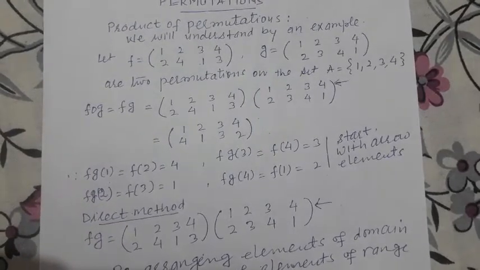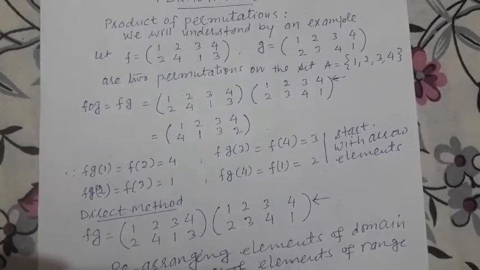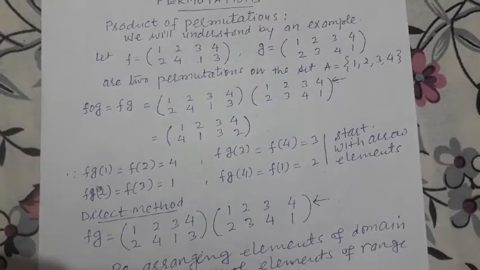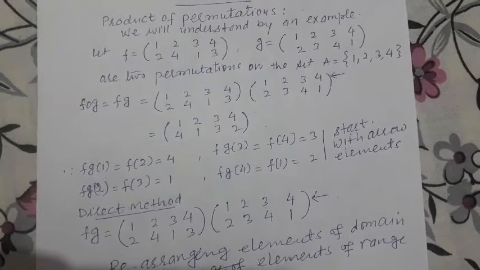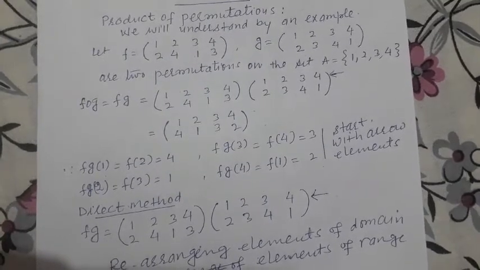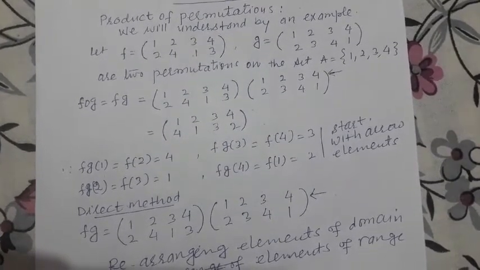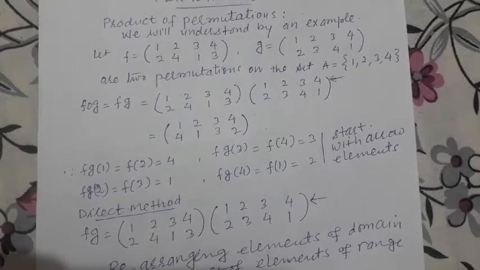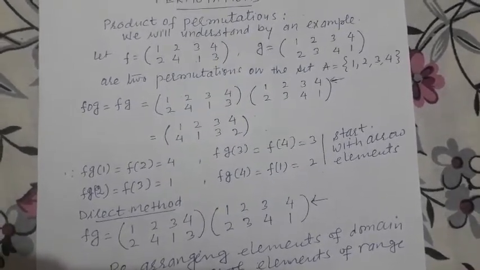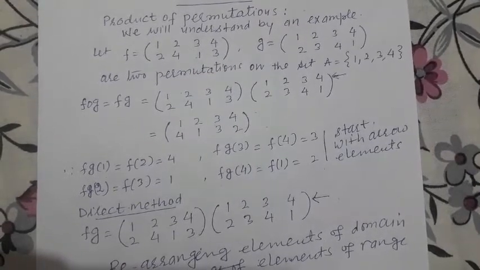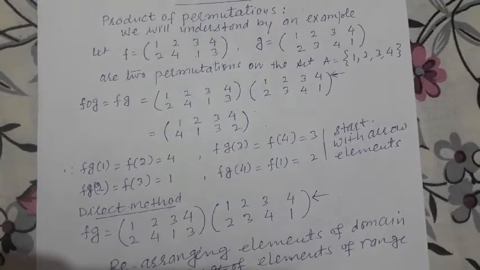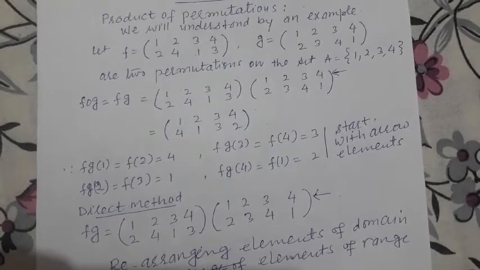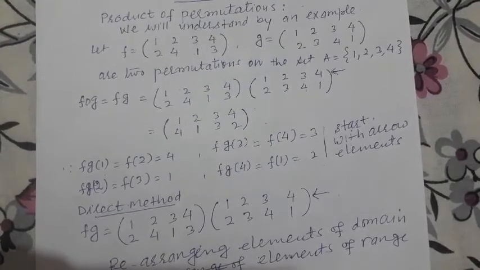Now we find the product of these two, meaning f∘g, the composite of two functions, equal to f of g. This can be found in this way. First we write f, then after we write g.